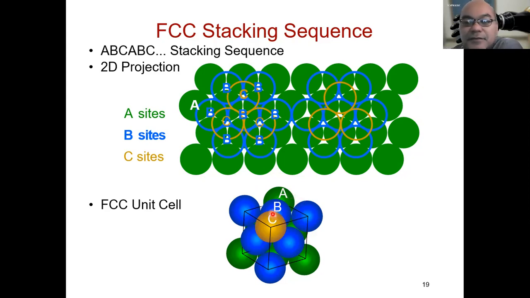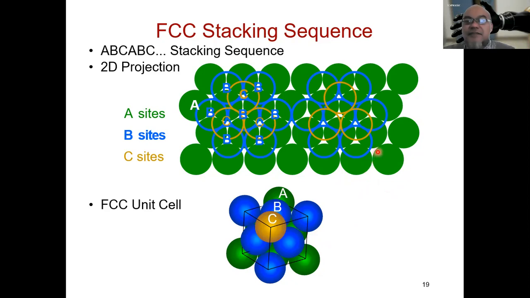So the face-centered cubic that we have just learned in the previous slide is actually made up from hexagonal two-dimensional layers, which are stacked according to the ABC stacking sequence, and then put in a certain orientation like this, such that the B becomes the layer in the middle.